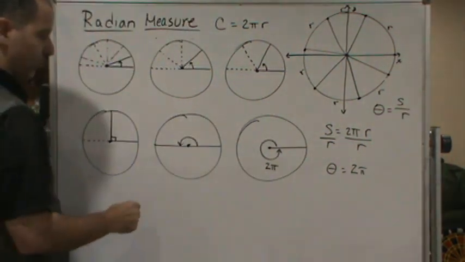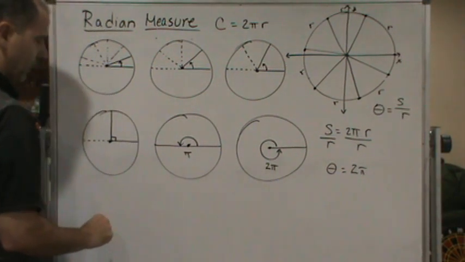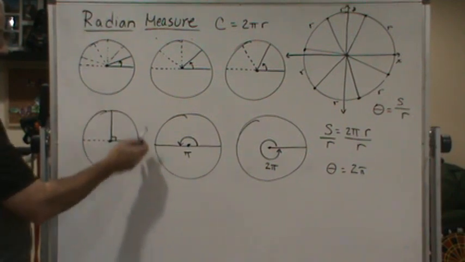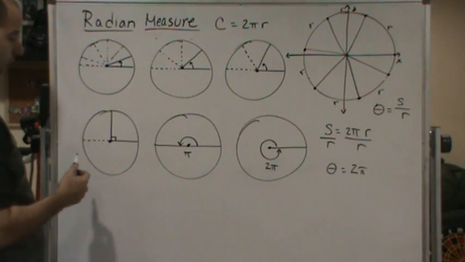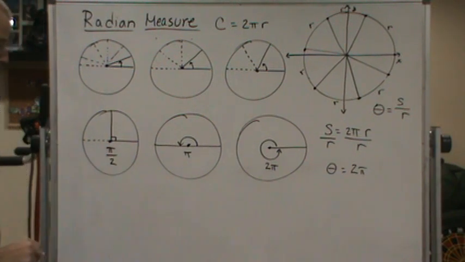Half of that is going to be pi. And then, of course, if we do a fourth of a revolution, so 1/4 of the total, 1/4 of 2 pi is going to be pi over 2.